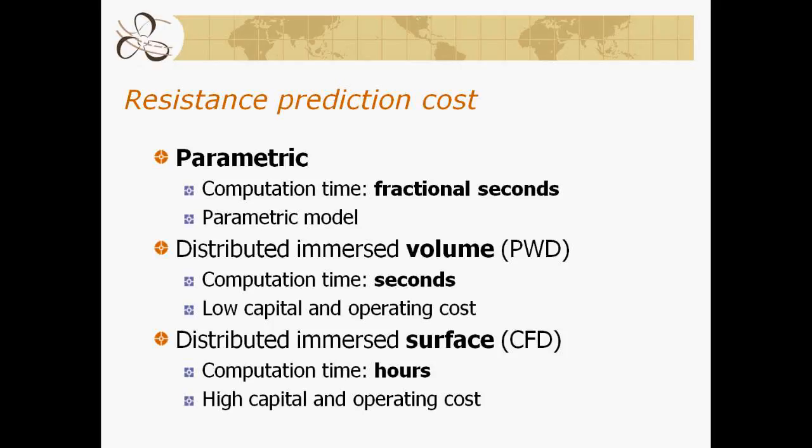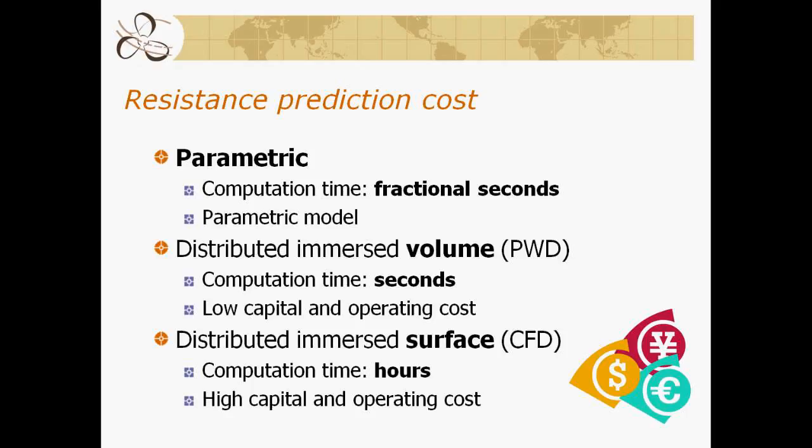Now, resistance prediction cost should be well known. The computational time of a parametric method, fractional seconds, almost instantaneous on any business computer. Its model is parametric, so it's a very low capital and operating cost expense.